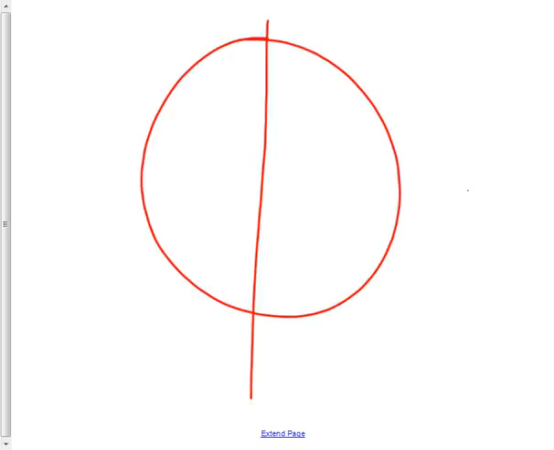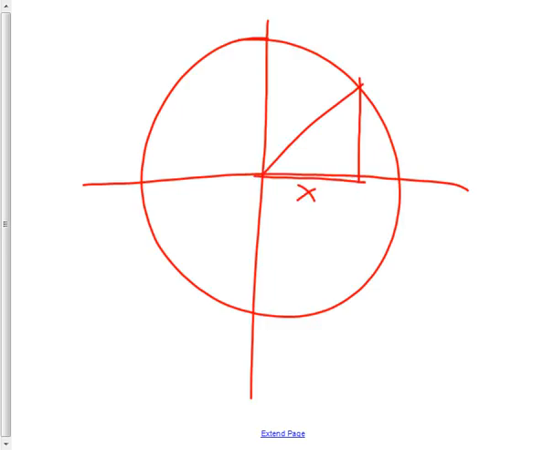So let's talk about where sine, cosine, and tangent come from. If you boil it down to x and y and 1, then I'm in the what circle? The unit circle. Good.